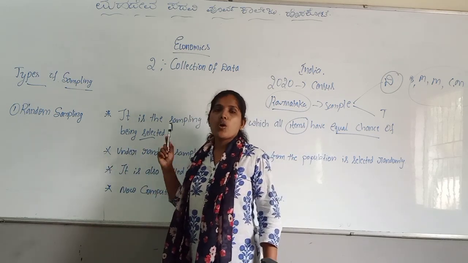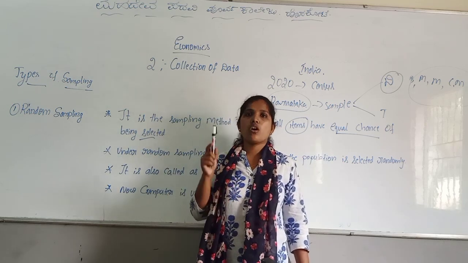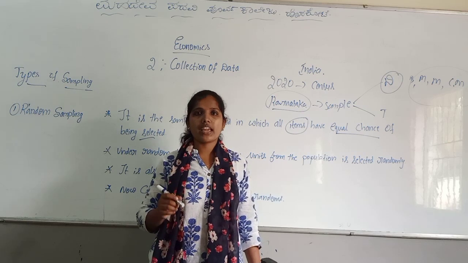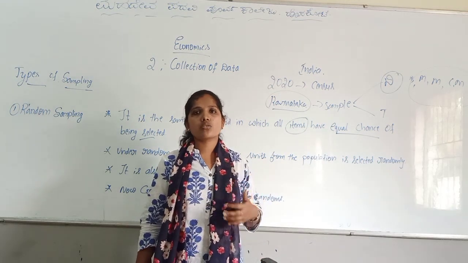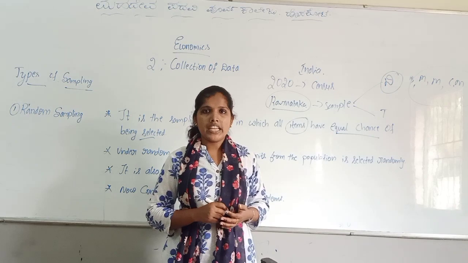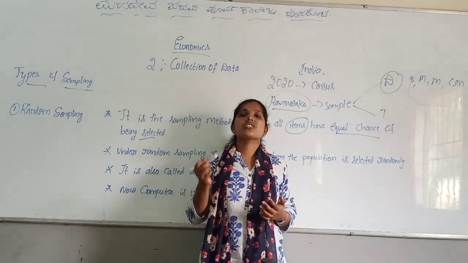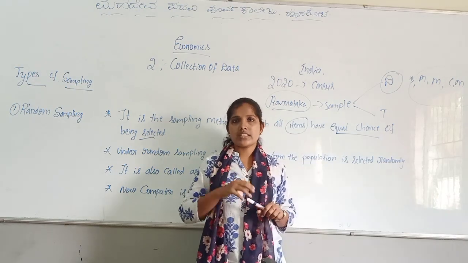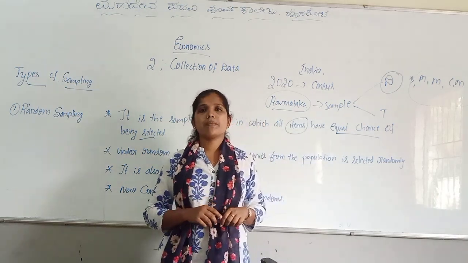It is a method where all the units of the population get an equal chance. We won't judge here which is best, which is the first.